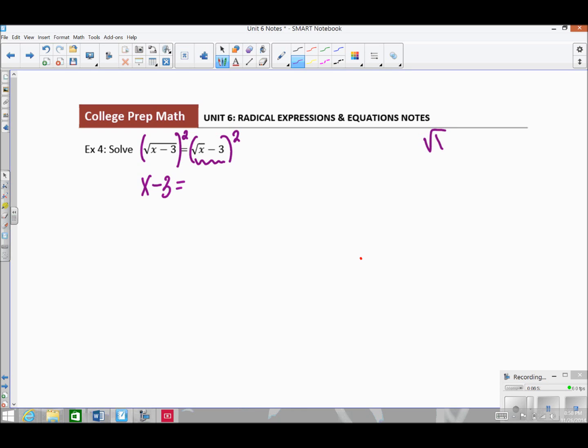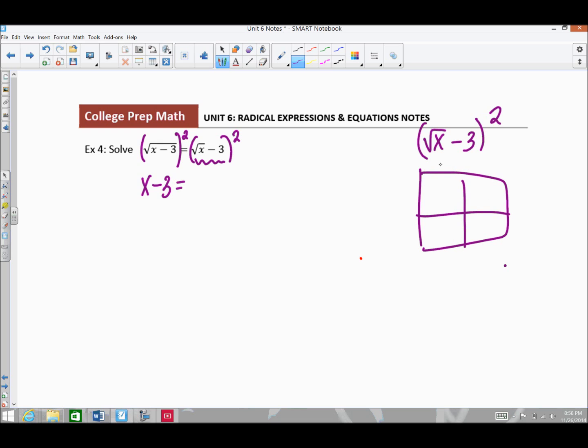So this is actually one of those examples that we looked at in a previous lesson where you have to use the box to multiply this. So we have the square root of x minus 3, times the square root of x minus 3. So you multiply these terms, you're going to have the square root of x squared, minus 3 square root of x, minus 3 square root of x, plus 9.